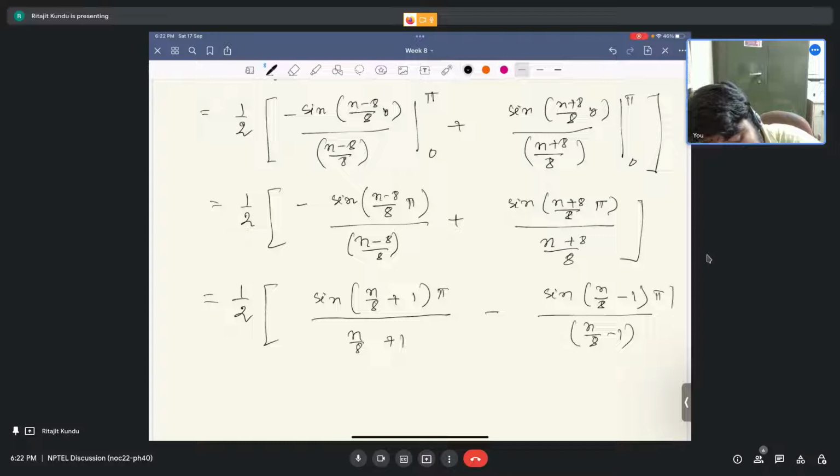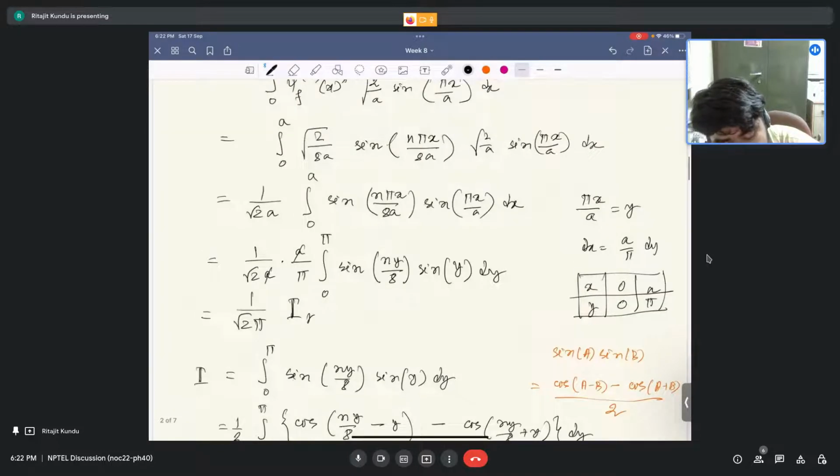This is the final form. This is your I, and I actually has an n index, so it depends on which state we're talking about. So let's better write it as I_n. Here also I will write it as I_n.